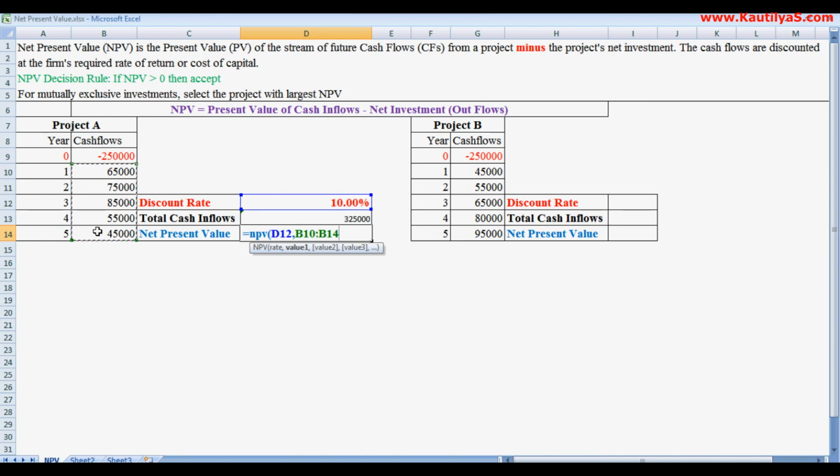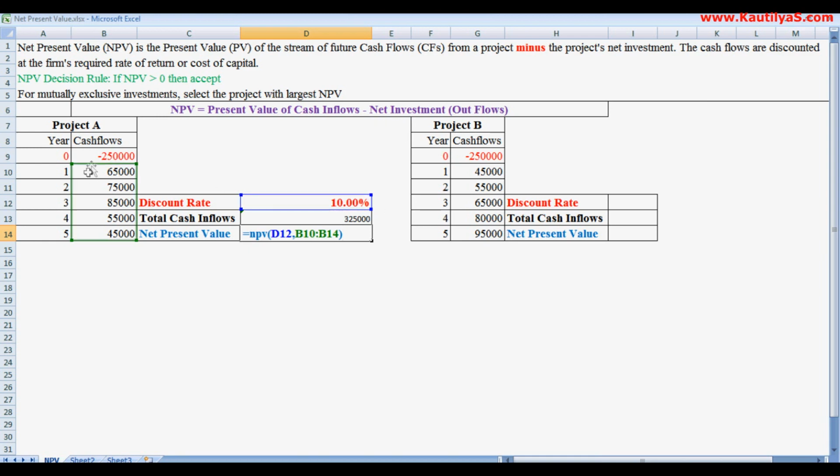Please don't assume that the NPV function in Excel will calculate the total equation. No, the NPV function in Excel will calculate only the present value of the cash flows, and we need to deduct the net outflows separately. So first we calculate the net present value of the cash inflows. Then we need to subtract the net investment.